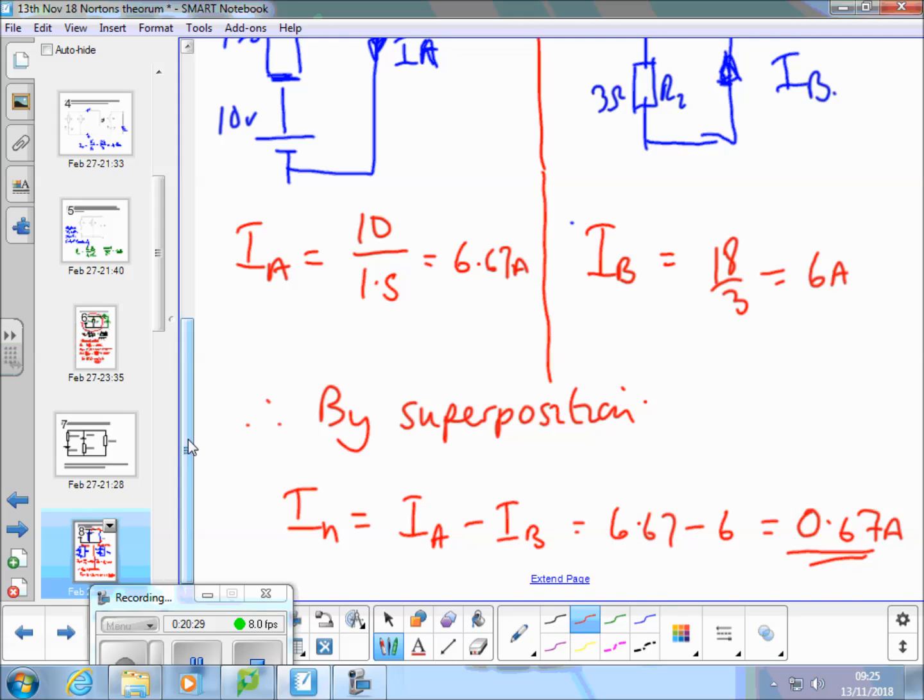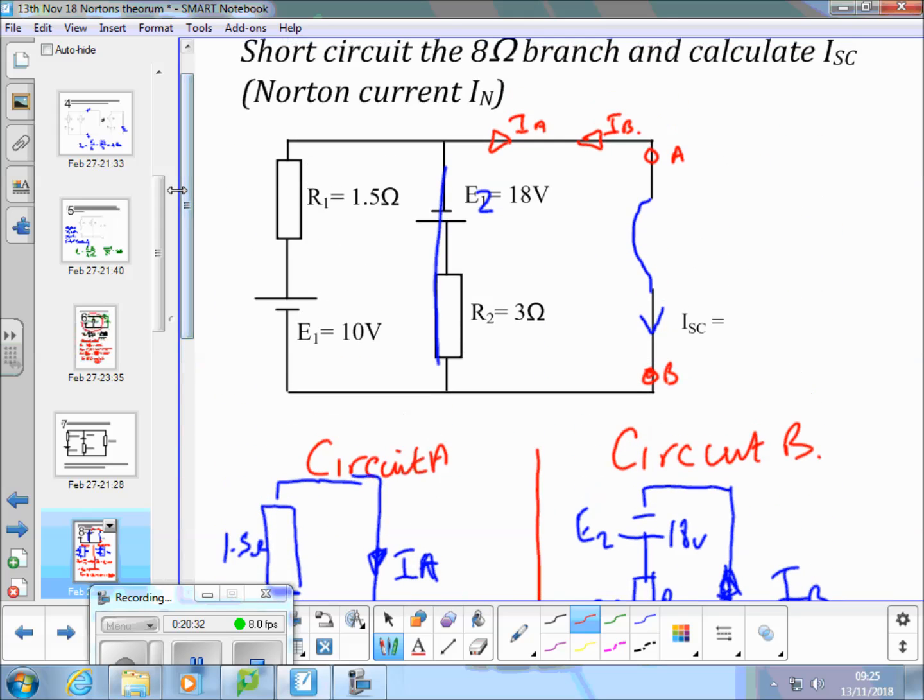So the overall current in this circuit, in green, is 0.67 amps in the direction of IA, which is that way. Okay, so that'll be our Norton current, 0.67 amps.